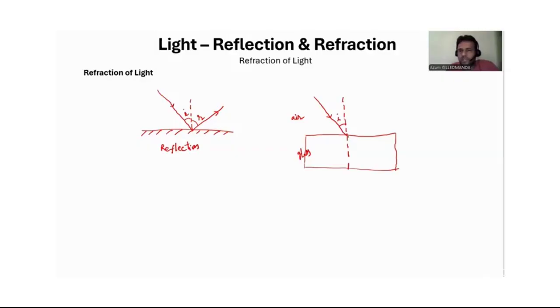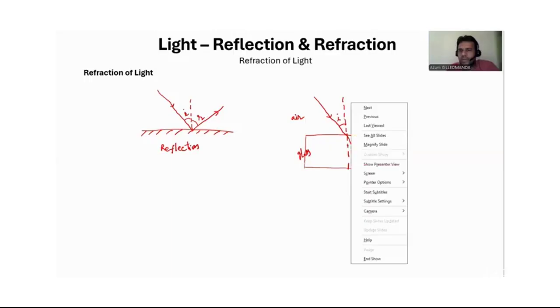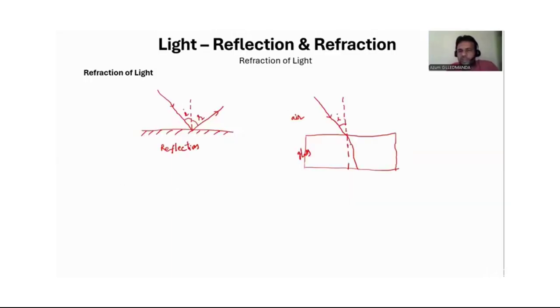So here, the light speed gets slowed down as soon as it enters into the glass medium, which is a denser medium. The speed of the light gets reduced. So the light ray, instead of traveling straight, bends towards the normal. Understood? So this is our angle of, sorry guys, this is our angle of refraction R.